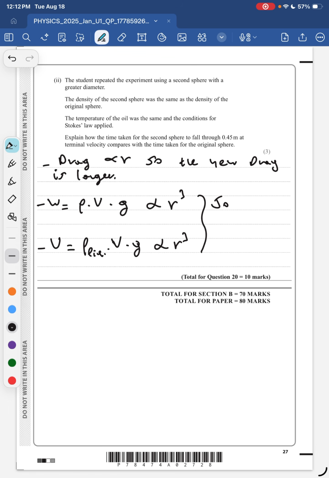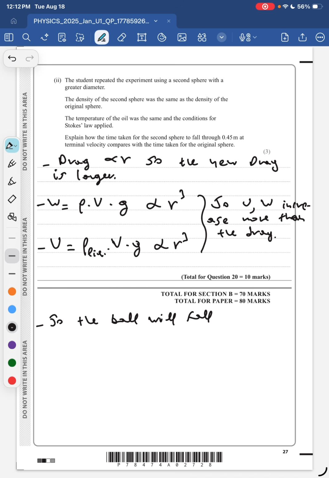So the upthrust and weight increase more than the drag. So the ball will fall faster, as we can actually write down with the forces.